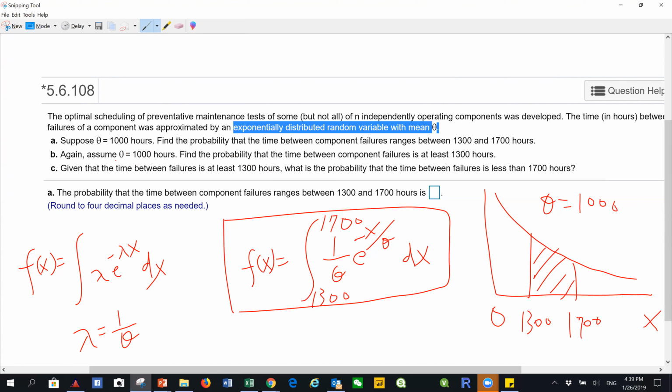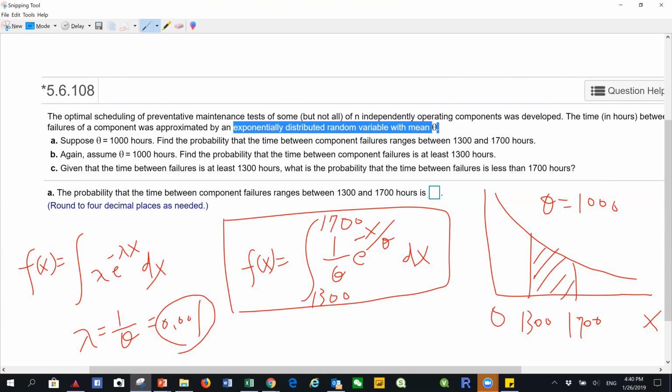So theta means it takes 1300 hours for one to happen. If you take the inverse, that means the speed is 0.001 per hour. Each hour you have 0.001 failure.